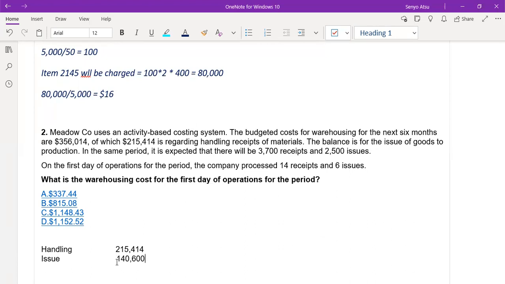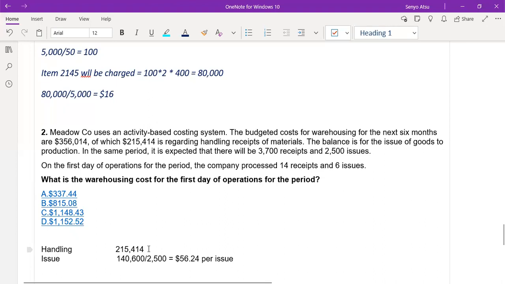In the same period, it's expected that there will be 3,700 receipts and 2,500 issues. So I'm absorbing this over 2,500 issues. Judgment is required of you in paper PM to decide what drives the cost of what activity. I've got $56.24 per issue.